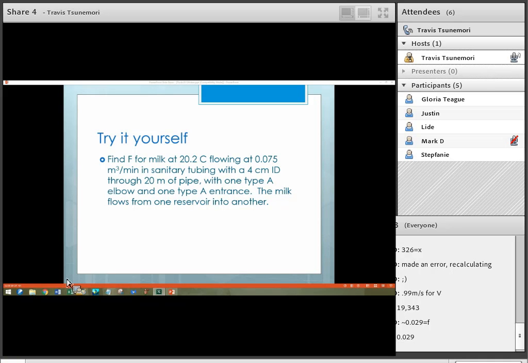Okay, so now you're ready to do your friction loss in your pipe. So what are we getting for the friction loss in the pipe?